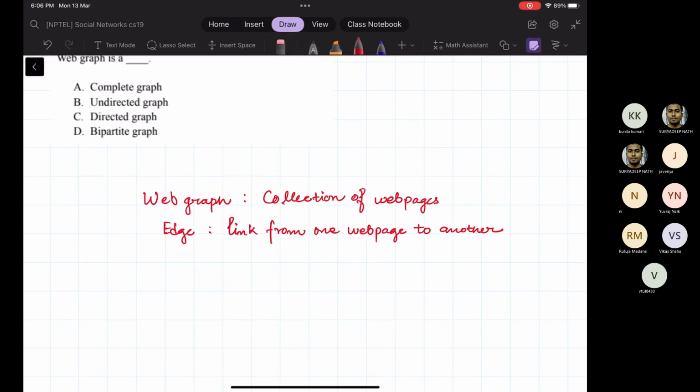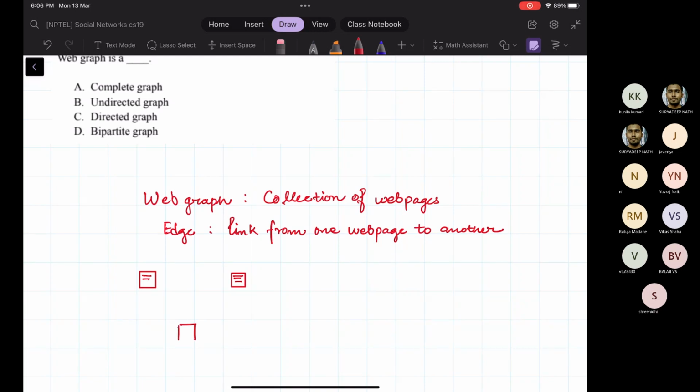So let's say this is your web graph. For simplicity, let us consider only four web pages. These web pages are the nodes in a web graph, and the edges are the hyperlinks that take you from one web page to another. So it could be something like this.